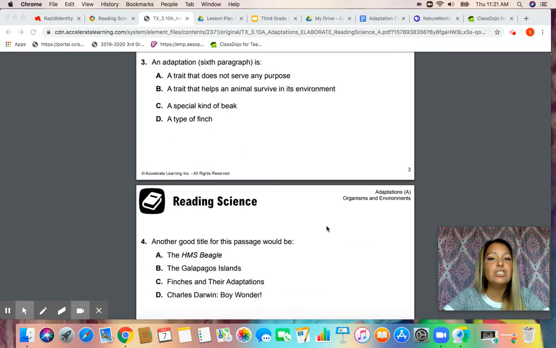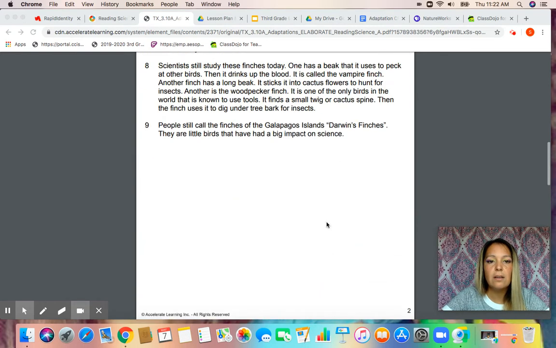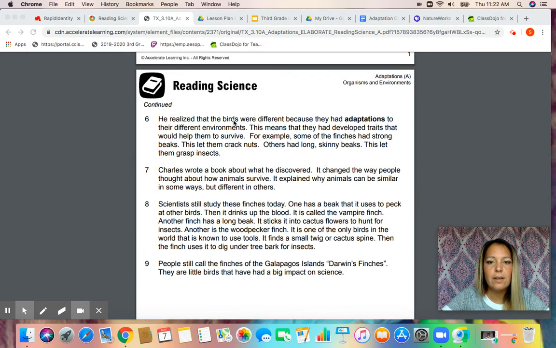An adaptation in your 6th paragraph is A, a trait that does not have a purpose. B, a trait that helps an animal survive in its environment. C, a special kind of beak. Or D, a type of finch. So let's go back to our 6th paragraph.